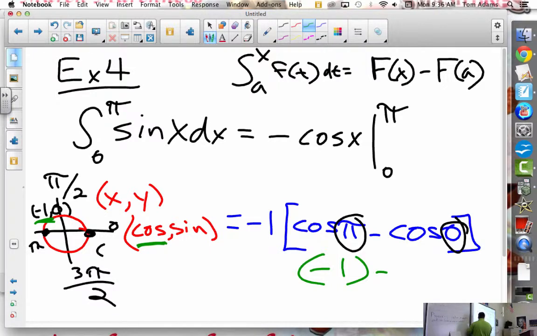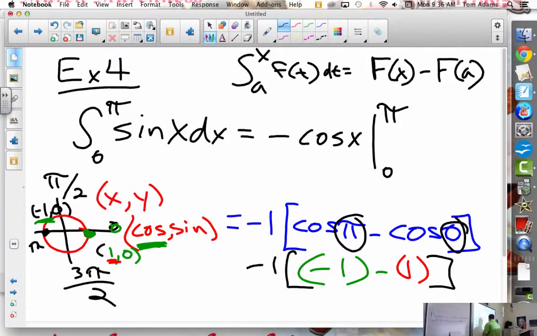Cosine of 0 is going to be this point here, which is 1 comma 0, and we're really interested in this, because that's what the cosine value is. So it's -1. So I can't forget all this other stuff.